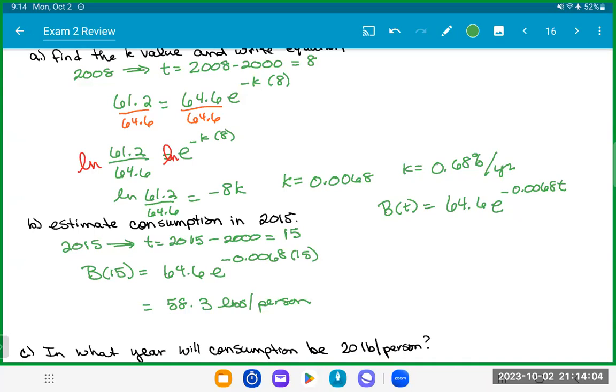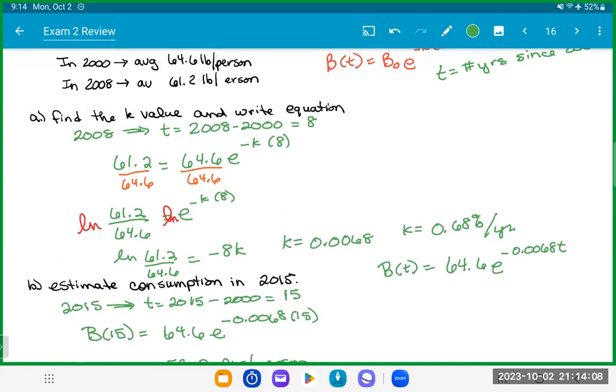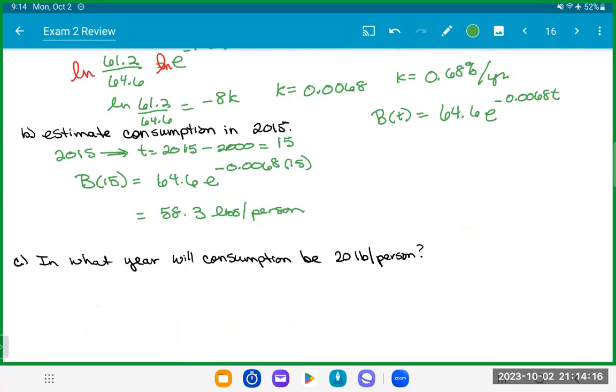Okay, so in 2015, the beef consumption is down. In 2000, it was 64.8, 2008, it was 61.2. So you can see we're steadily declining. Till the year 2015, we're now at a consumption rate of about 58 pounds per person.